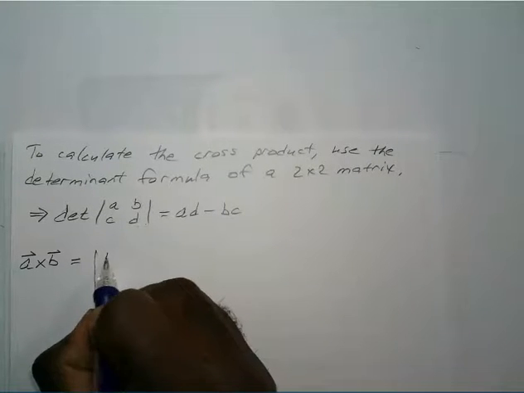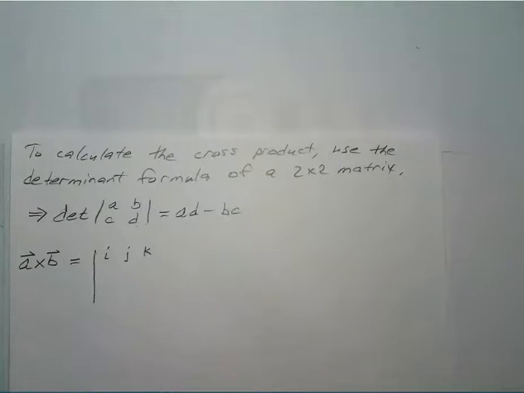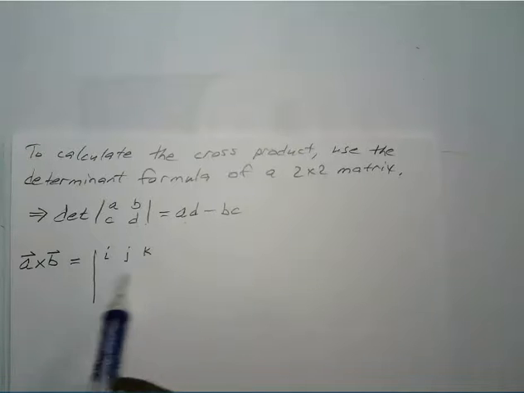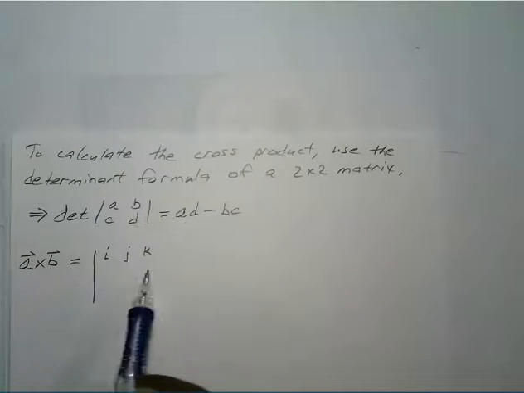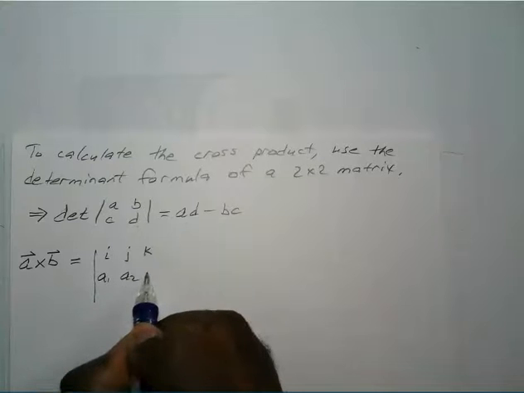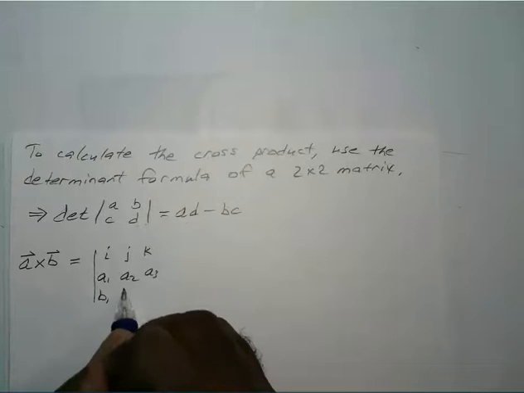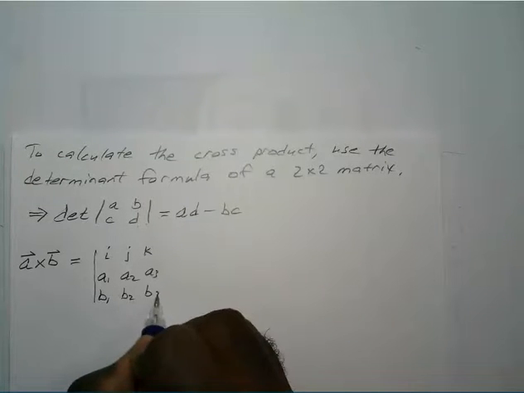The first row up top is going to be i, j, and k. Then the second row is all of the components of the A vector, A1, A2, A3. The last row will be all the components of the B vector, B1, B2, B3.